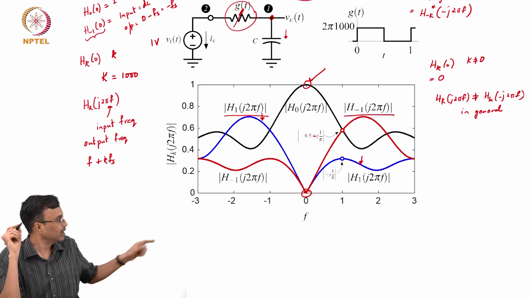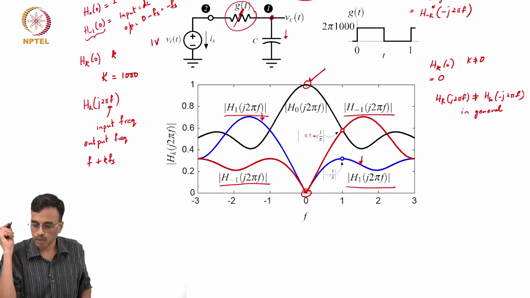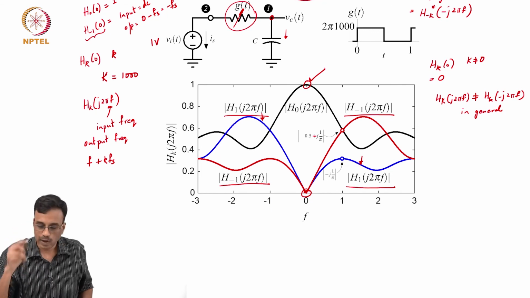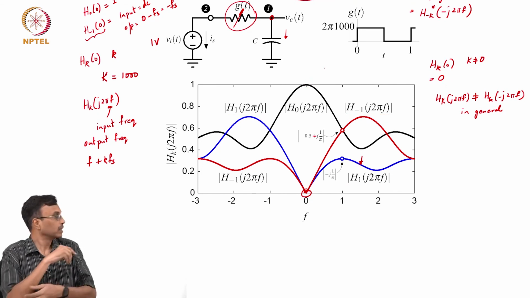And similarly, H minus 1 for negative frequencies, we expect it to be the same as H plus 1 for positive frequencies, and that's indeed true. All right. So well, that seems at least reasonable. I mean, this is what we expected. No big surprises there, right?